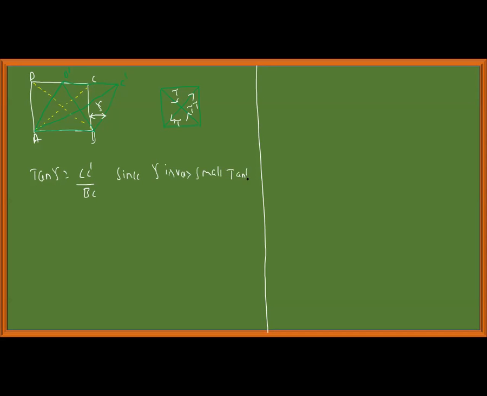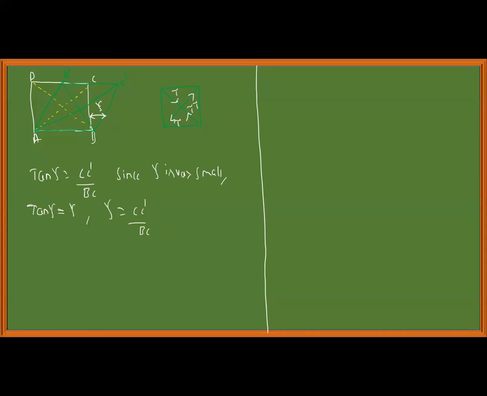Since gamma is very small, tan gamma is approximately equal to gamma. So I can write gamma is equal to CC dash by BC.